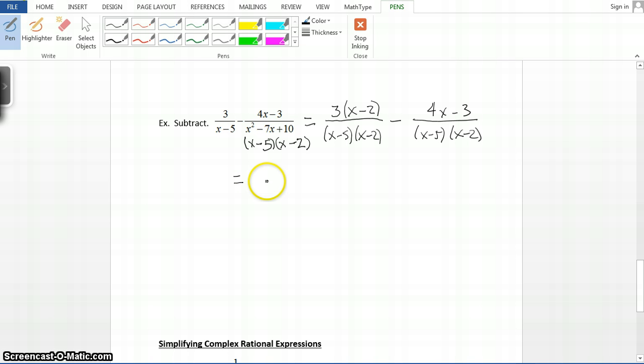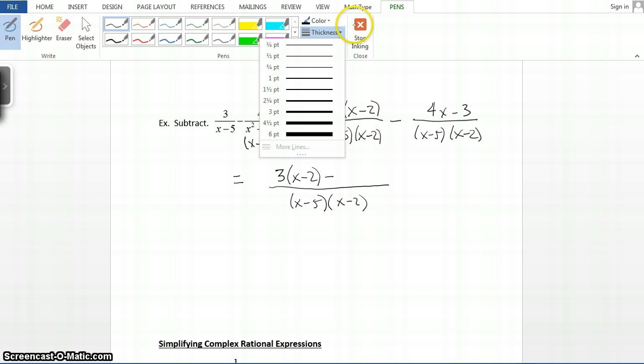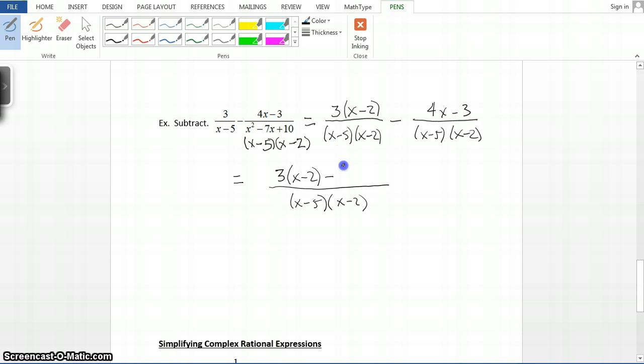Now what we're going to do is actually subtract. Let's put them together under one denominator. x minus 5, x minus 2, and I'll distribute in a minute. 3 times the quantity x minus 2, and I'm subtracting this whole second numerator, 4x minus 3.